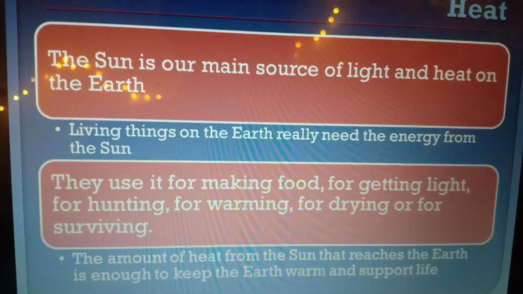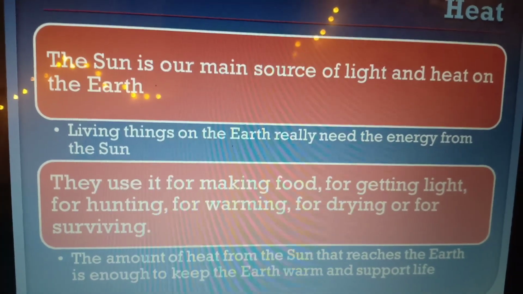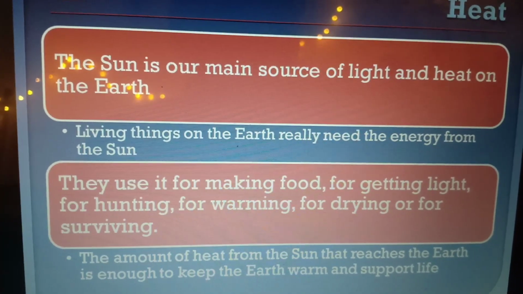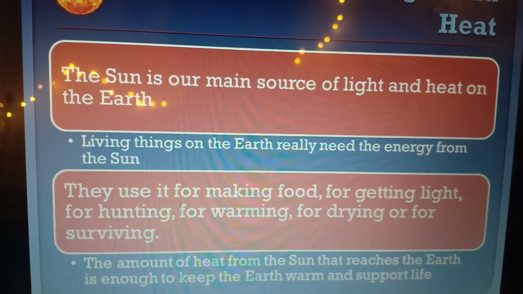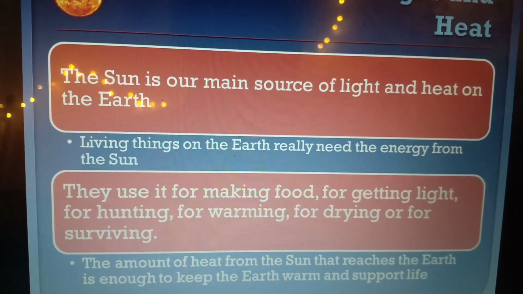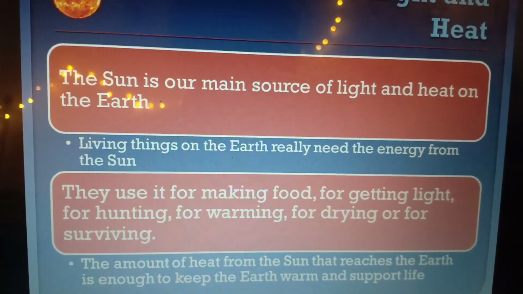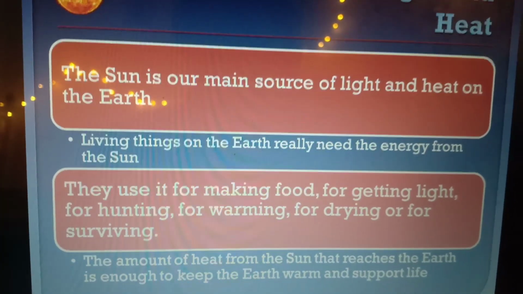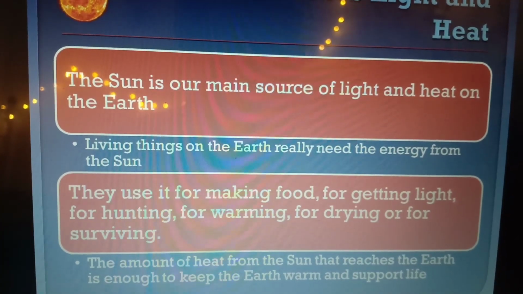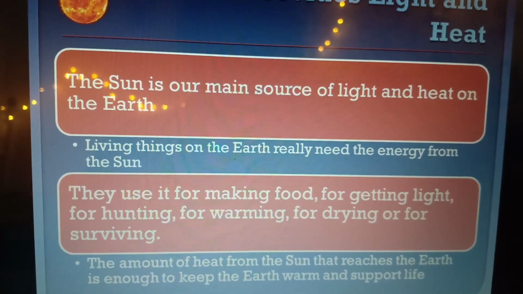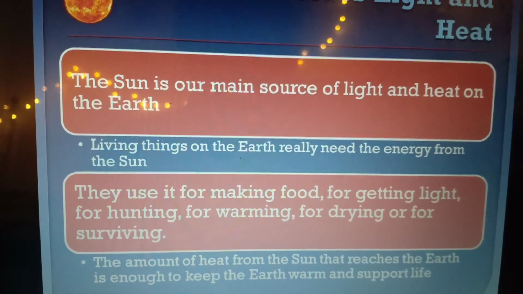Living things on the earth really need the energy from the sun. Why? Remember, for example the plants. How can they survive on the earth? Because they are able to produce their own food from the sunlight.